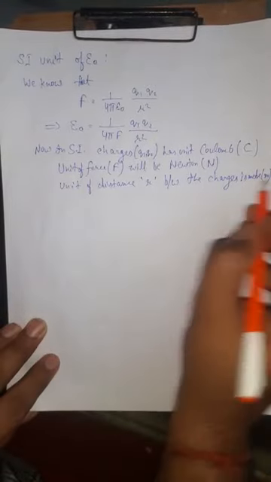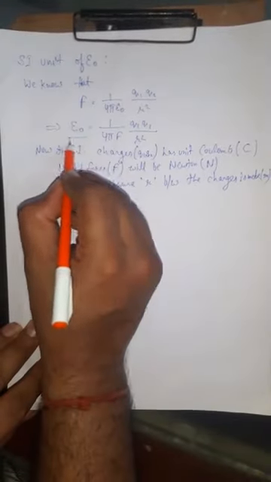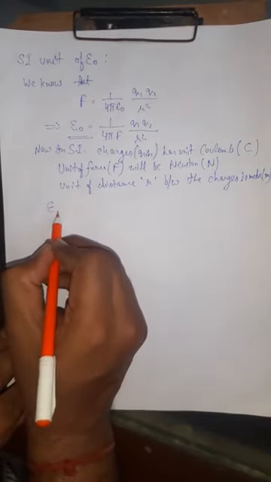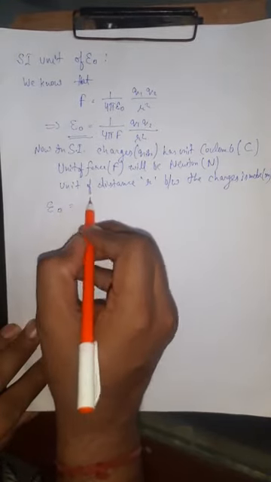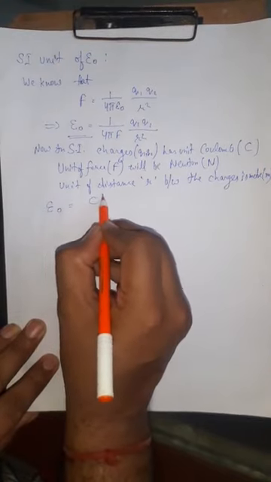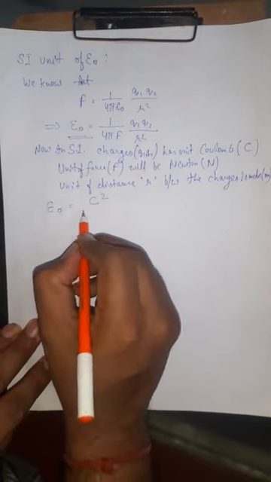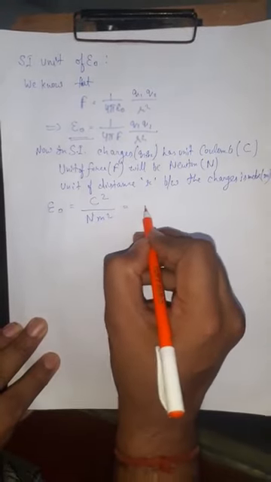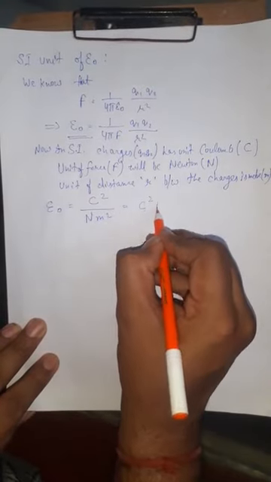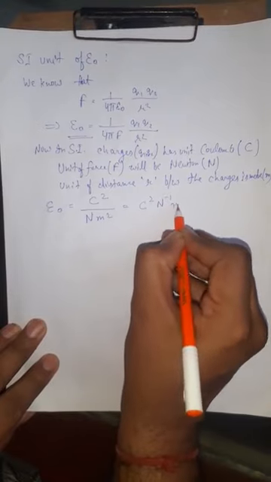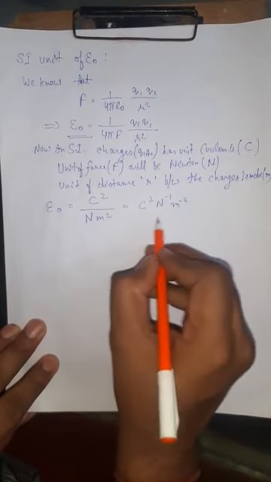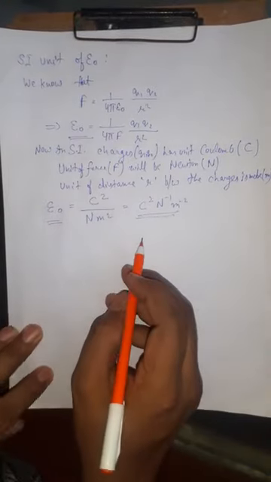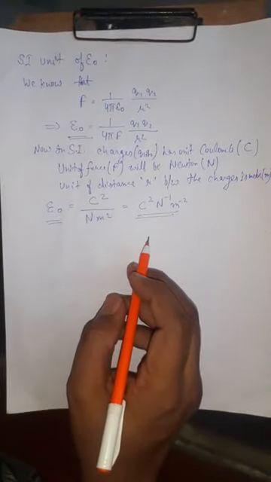So putting all these values in the above equation, we will get epsilon naught is equal to Coulomb square over Newton meter square, that is equal to Coulomb square Newton inverse meter inverse square. So this is the unit of absolute permittivity of free space.